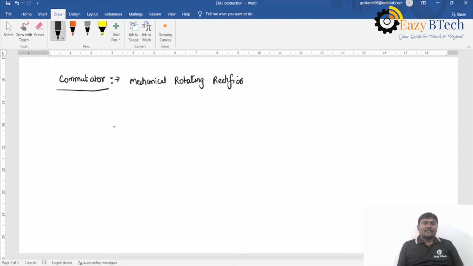The EMF induced in an armature conductor is alternating. The negative half cycle is converted into a positive half cycle with the help of this commutator.